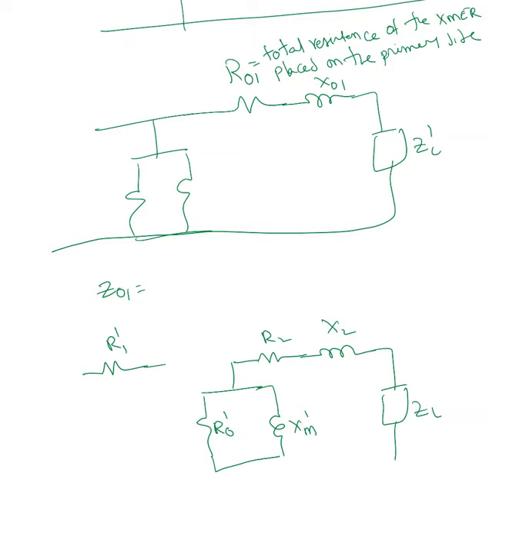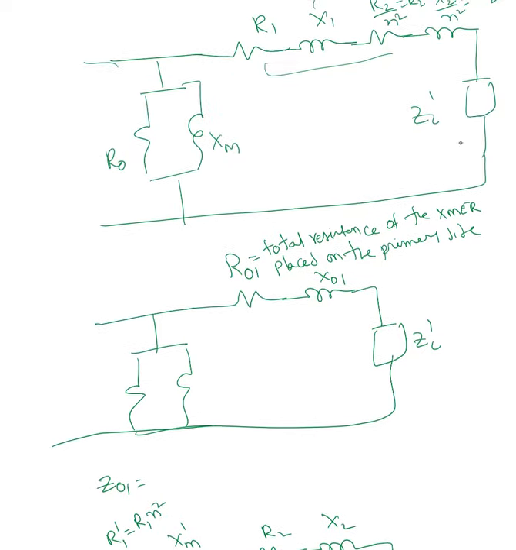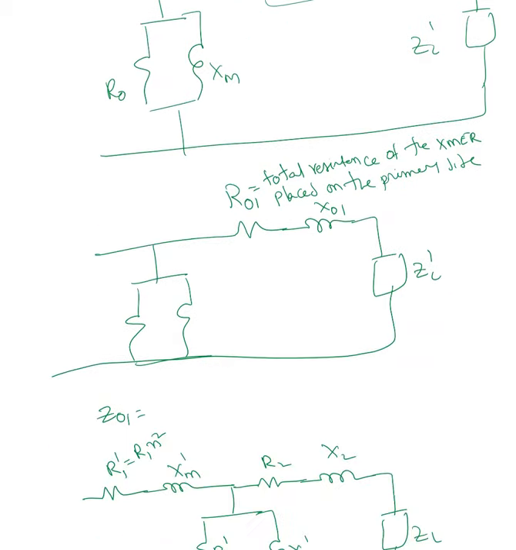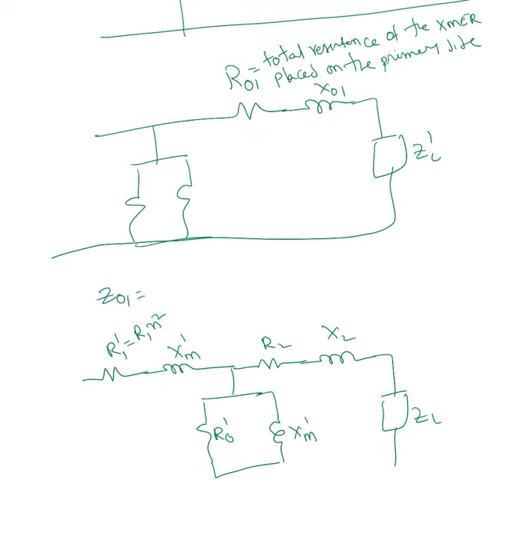So here is R1 prime and XM prime. Now when we transfer primary to secondary side, you multiply by n square. So this is R1 times n square. When you transfer something from the secondary side to the primary, we divide by n square. When we transfer primary to the secondary, multiply by n square.